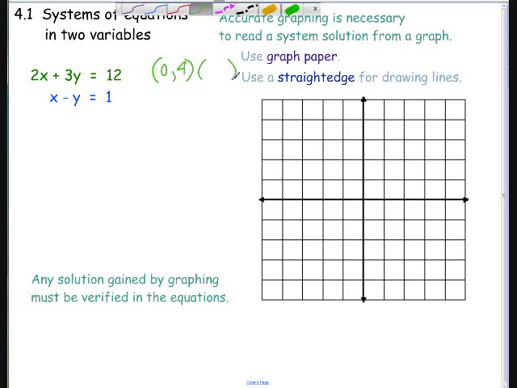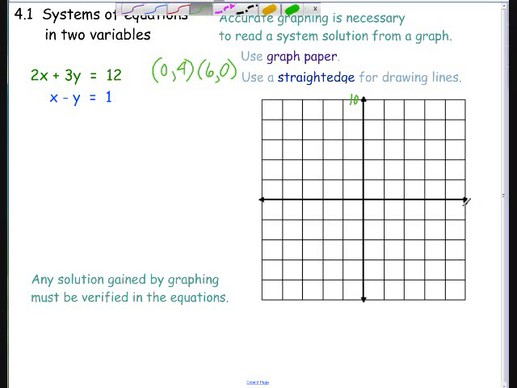And when y is 0, this will zero out. I'll have 2x equals 12. Divide both by 2. So that's actually much quicker, isn't it, than the slope-intercept form. So I've got x is equal to 0, and I'm going to have to use 10, aren't I?